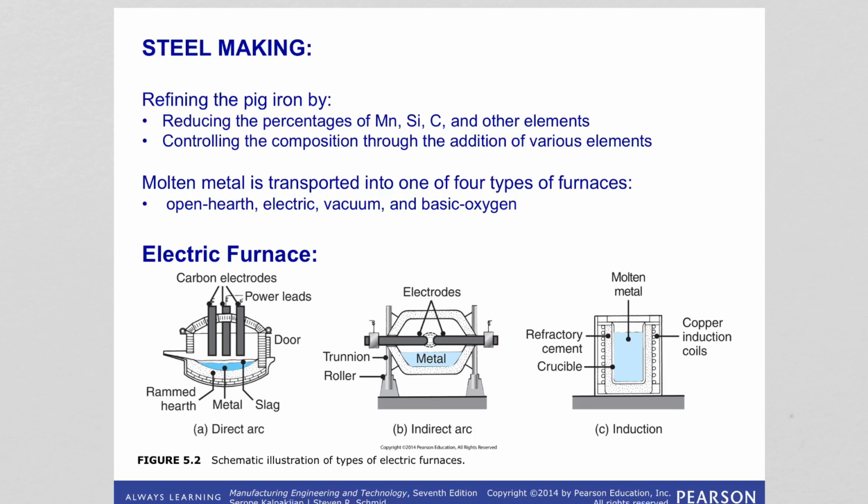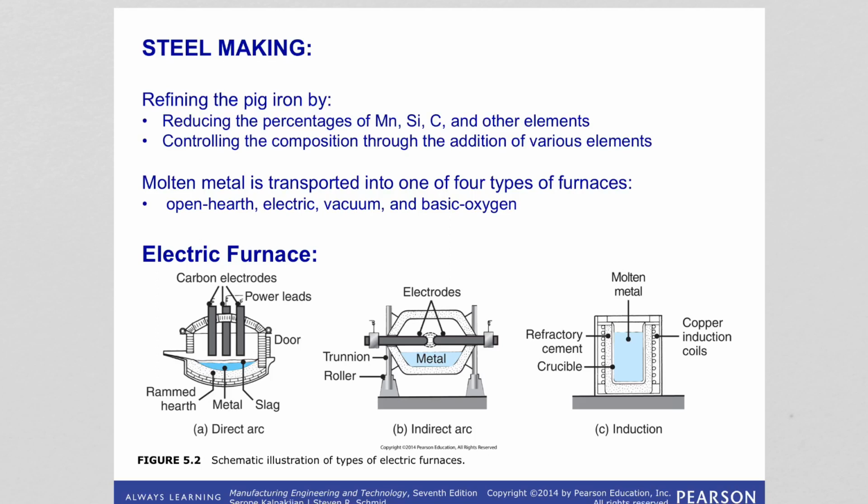So when we look at the electric furnace, as the name implies, the source of heat in this type of furnace is a continuous electric arc formed between the electrodes and the charged metal, and temperatures as high as 1925 degrees C are generated.